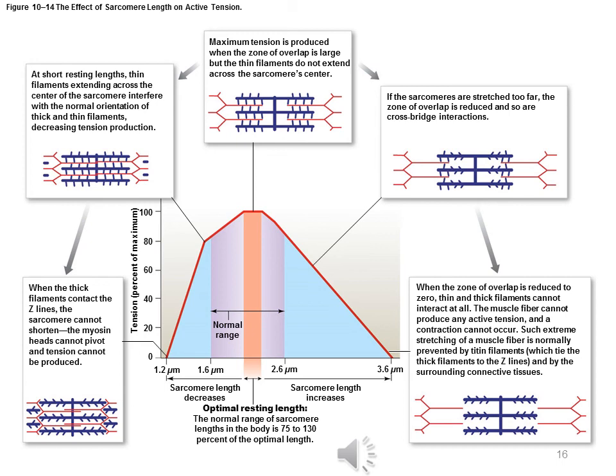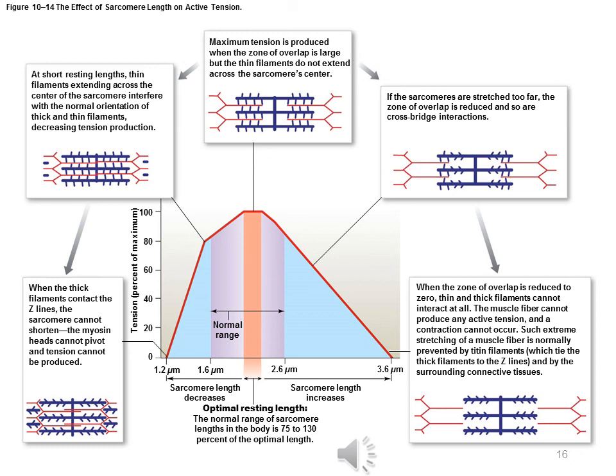There are no myosin heads able to contact the actin filaments at all, and you get absolutely no tension, no contraction at all. So this is extreme stretching of a muscle, which we don't normally see because we don't allow our muscles to get to this point.